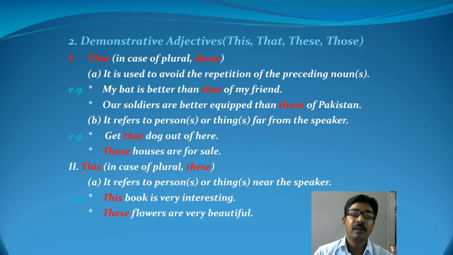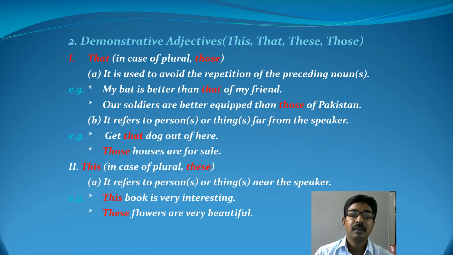Another example, our soldiers are better equipped than those of Pakistan. And that refers to a person or thing far from the speaker. For example, get that dog out of here. Another example, those houses are for sale.